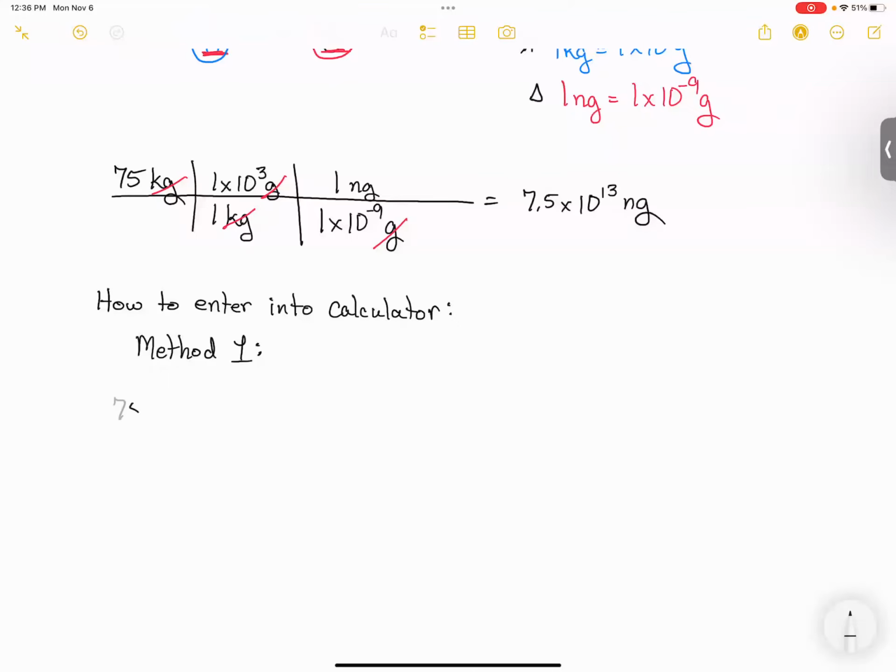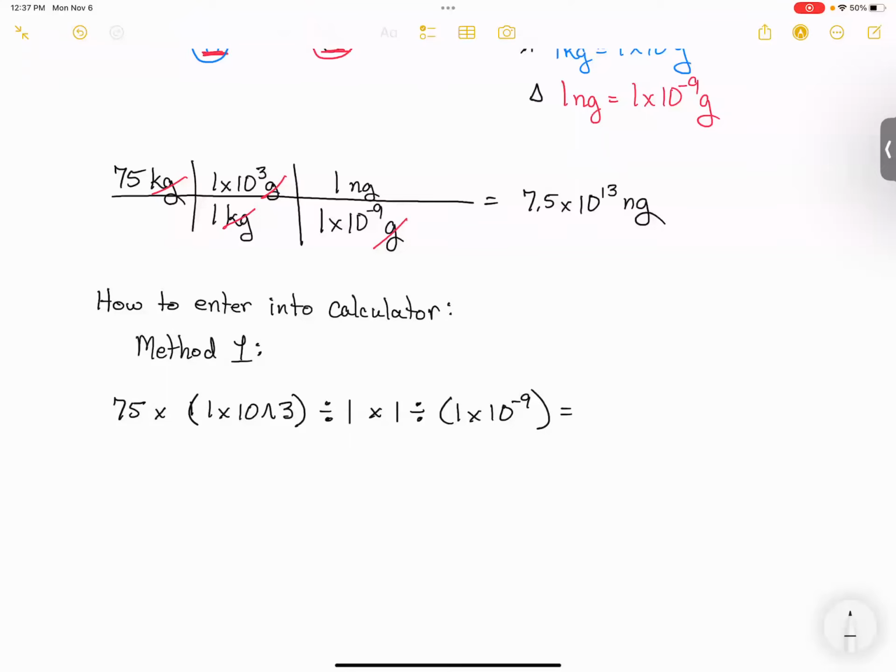This one would be 75 times, open parentheses, 1 times 10 caret 3, close parentheses, divided by 1 times 1 divided by open parentheses, 1 times 10 to the minus 9, close parentheses, equals. Don't forget a parentheses, though.